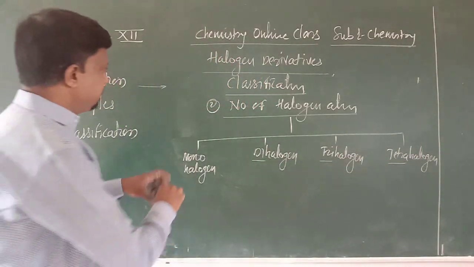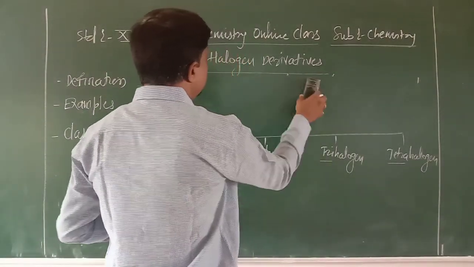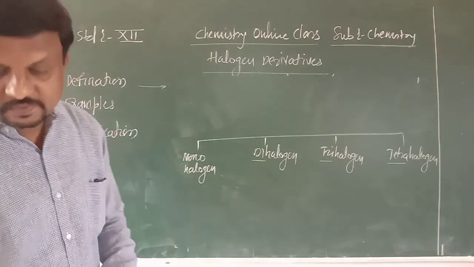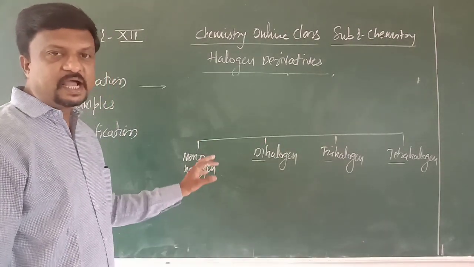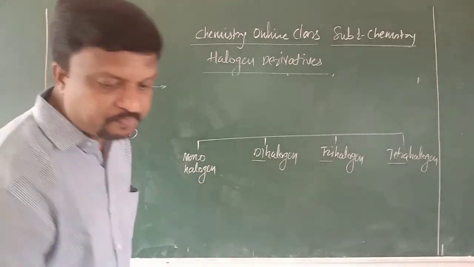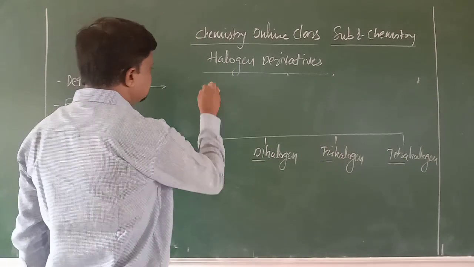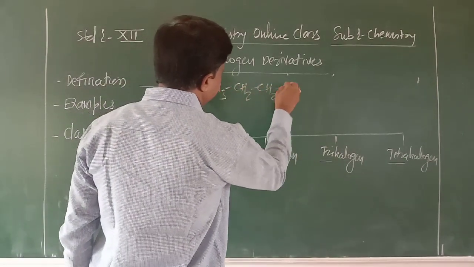Now we will discuss one by one. First, the monohalogen derivative. The halogen derivative which contains only one halogen atom in a compound is known as a monohalogen derivative. For example, CH3CH2CH2Br.